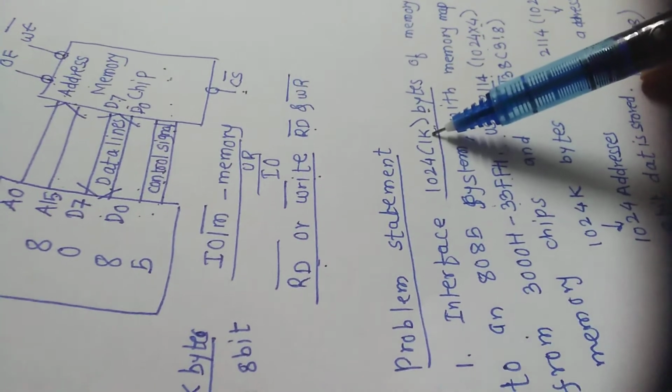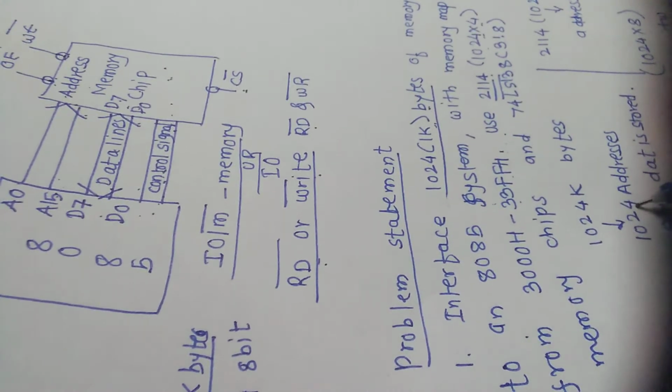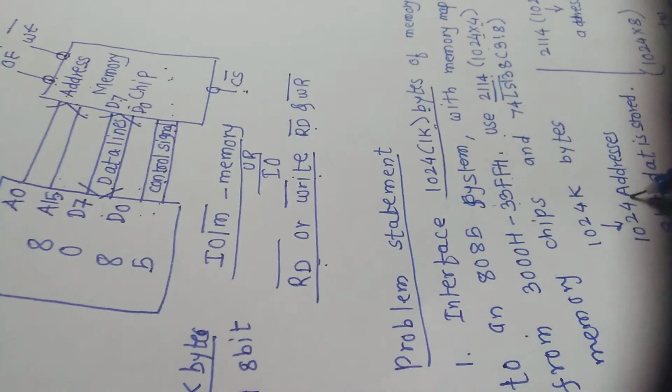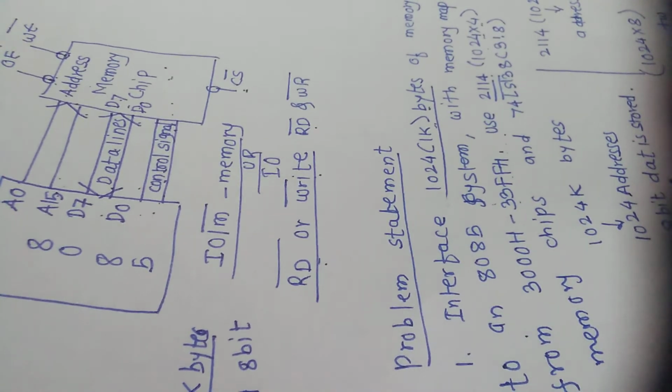1024 bytes means it has 1024 addresses or memory locations or registers where in a register I can store 8-bit data.